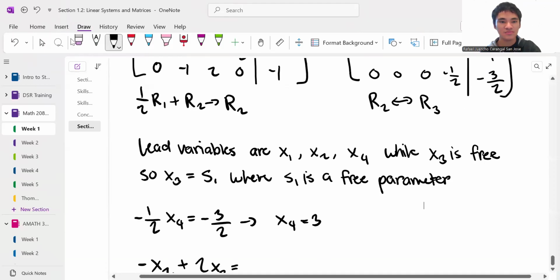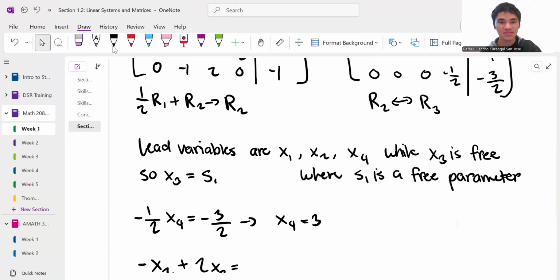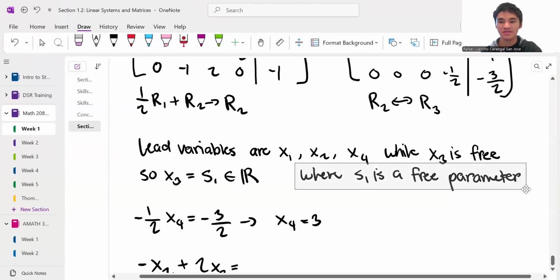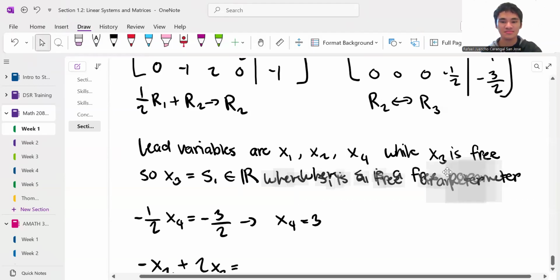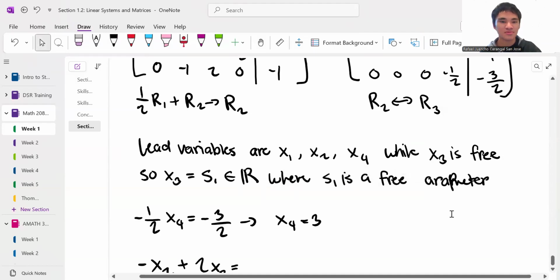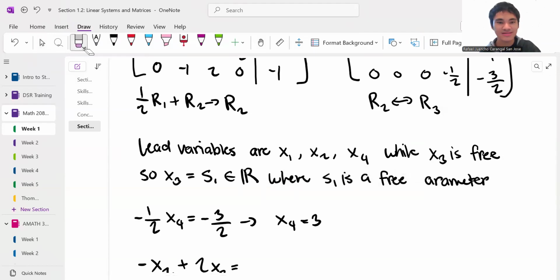Okay, just to make the proof a little bit more concise, we say that this s sub 1 free parameter belongs in the real number set. So meaning it's a number, right? Can't be something else. Oh shoot, the R is left behind. Nice. Okay.